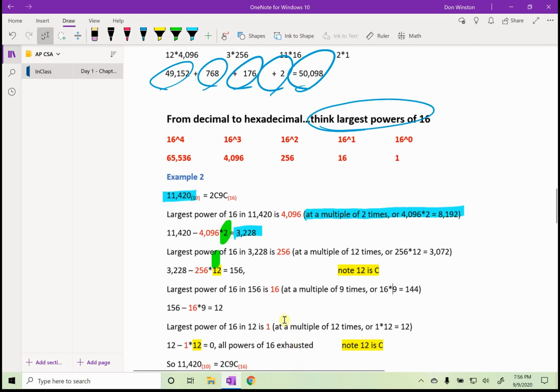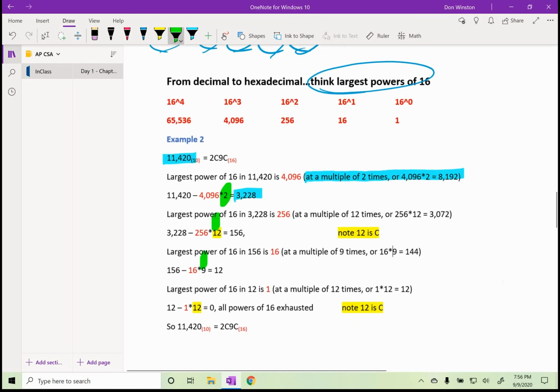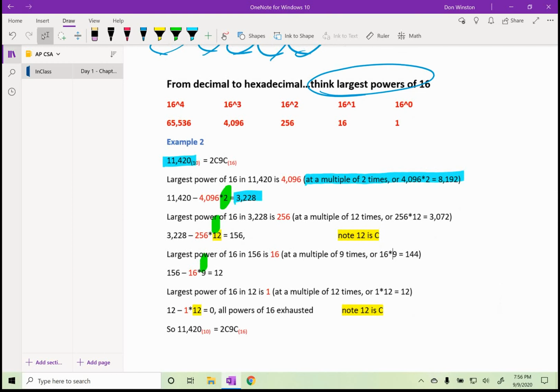Well, that's 16, but that occurs at a multiple of 9 times. So 156 minus 16 times 9, that's 12. Then we say the largest power of 16 in 12 is 1. And that occurs at a multiple of 12 times, or 1 times 12 is equal to 12. So 12 minus 1 times 12 is 0, so all powers of 16 have been exhausted.